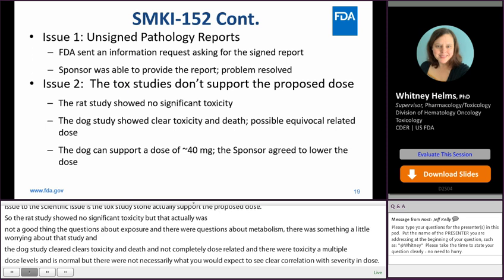The sponsor agreed to lower the dose. So that problem was also resolved. However, that problem led to a new problem: their lowest formulation that they had available was 75 milligrams. And so they needed to generate additional CMC data to support the product being used at the lower 40 mg dose.